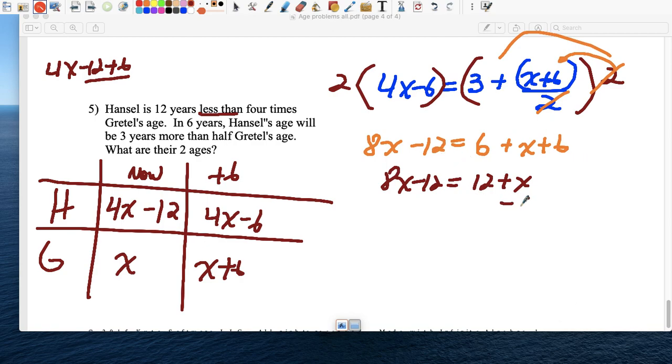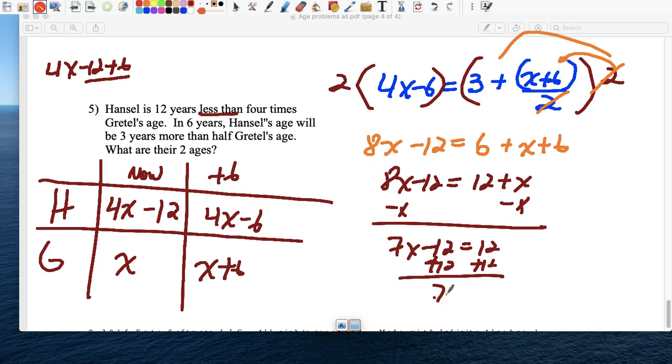Let's get rid of this x, minus x, minus x. And then we have 7x minus 12 equals 12. We're going to do plus 12 here, plus 12 here. 7x equals 24. Divide by 7, divide by 7.